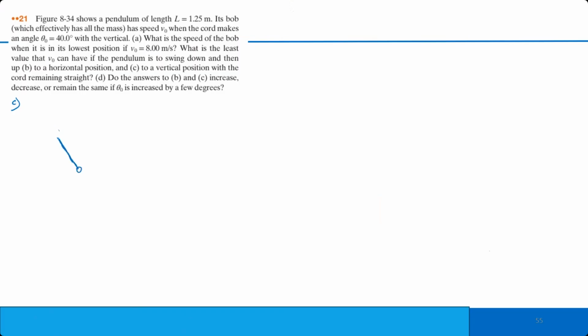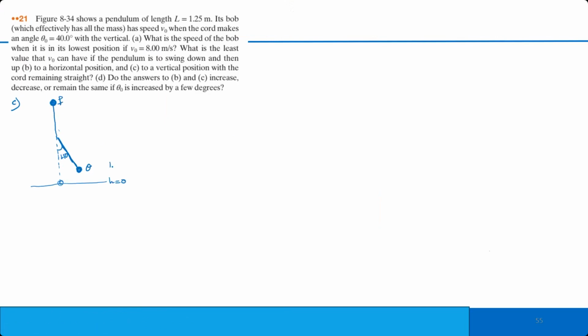That's where the pendulum starts. The angle is 40, and it will go all the way up here. So this is point O, and this is point F. I'll keep my reference to be the same. It's over here. This is where the height is 0.